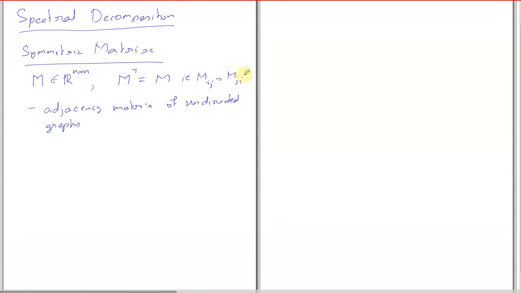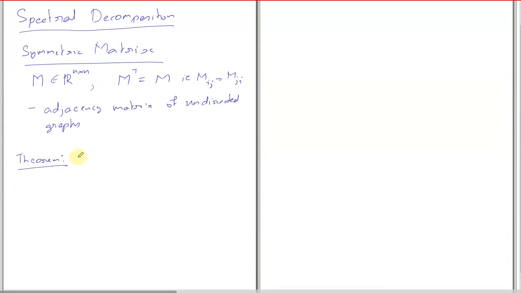So we understand what a symmetric matrix is, and these are widely used in practice. Many matrices tend to be symmetric matrices. So it's good to understand the eigenvectors and eigenvalues of symmetric matrices. The first interesting thing about symmetric matrices is this theorem.